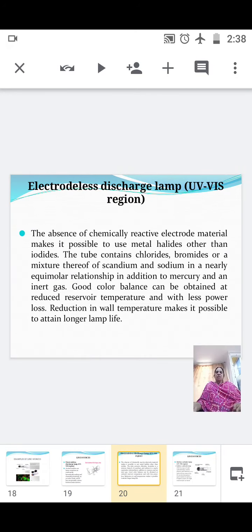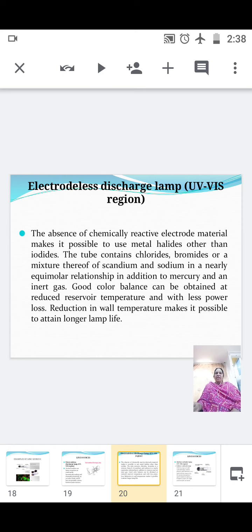The absence of chemically reactive electrode material makes it possible to use metal halides other than iodides.